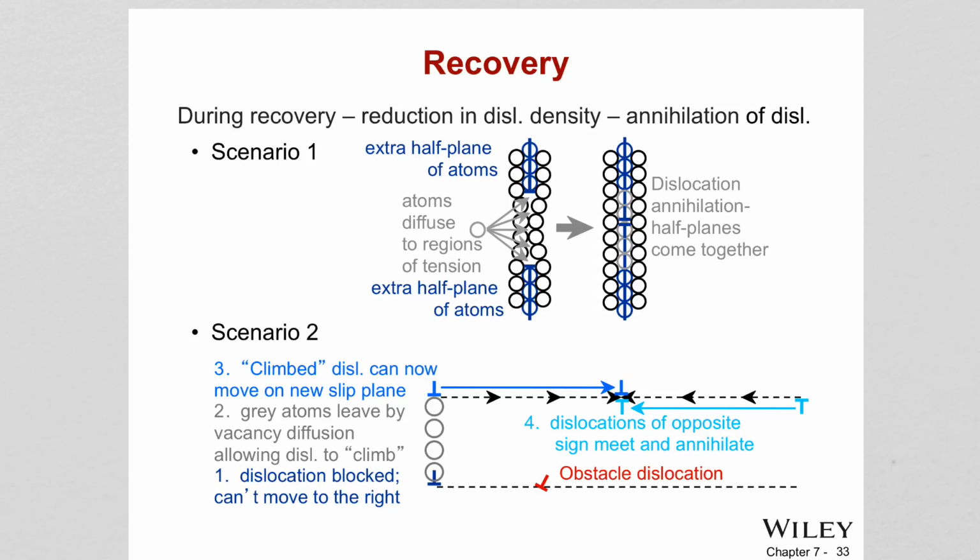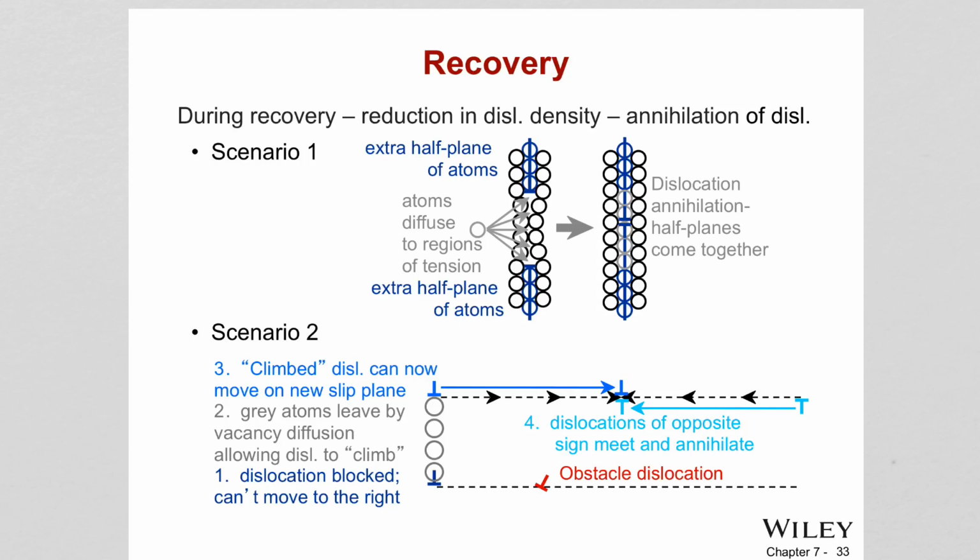Because the dislocations, given enough energy by heat, want to move and neutralize themselves, what happens is dislocation annihilation and then relief of those stresses that were created by the presence of dislocations. And how can this happen?